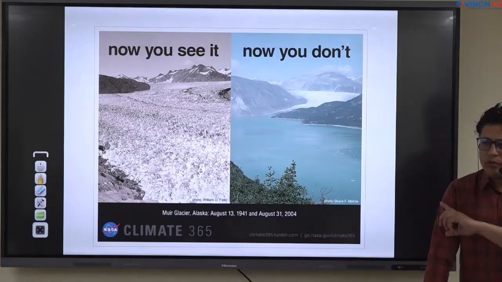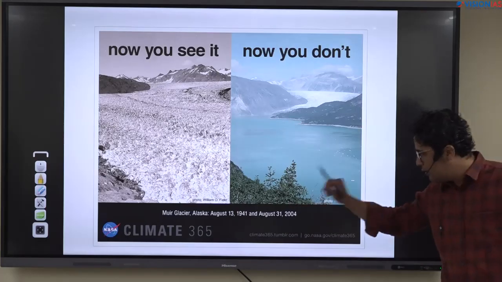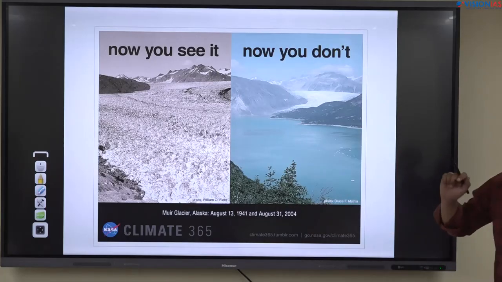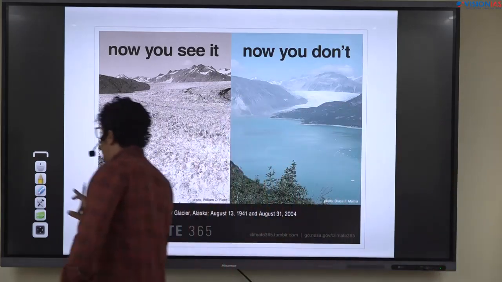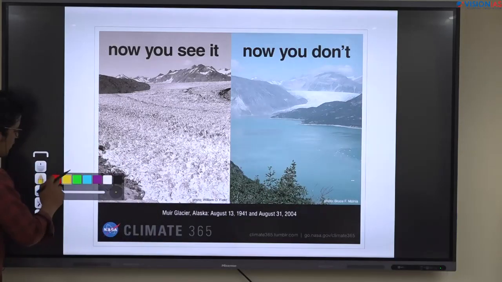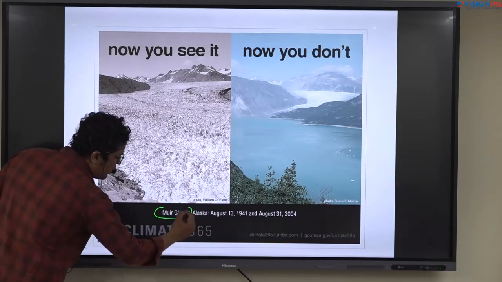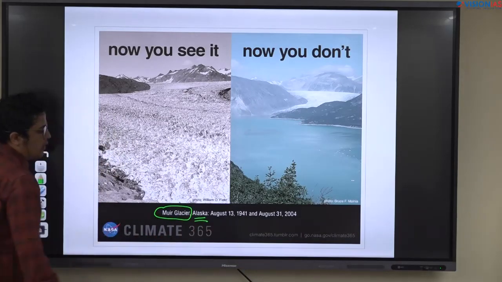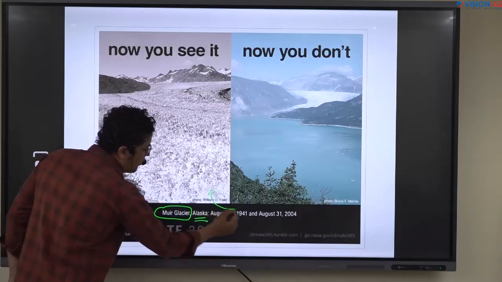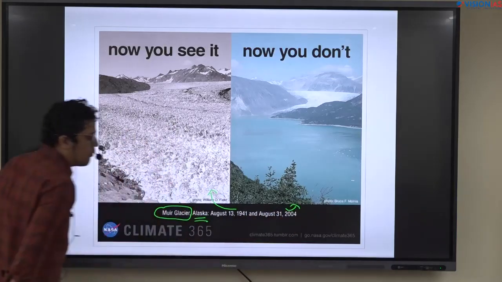So I'll give you an overview of this topic. Look here. This is an image released by NASA a few years back. In this image, what you can see is a glacier. The name of this glacier is Muir Glacier. It is in Alaska. This image is of 1941. This image is of 2004.